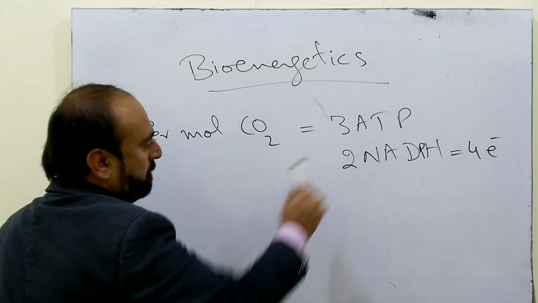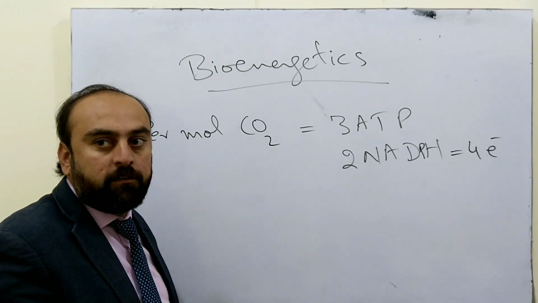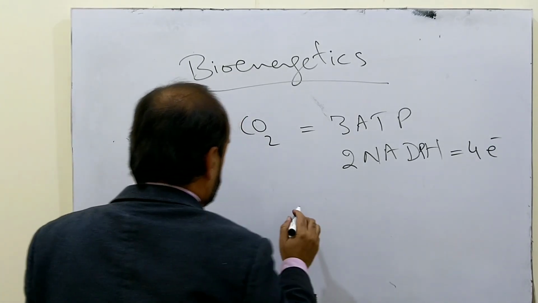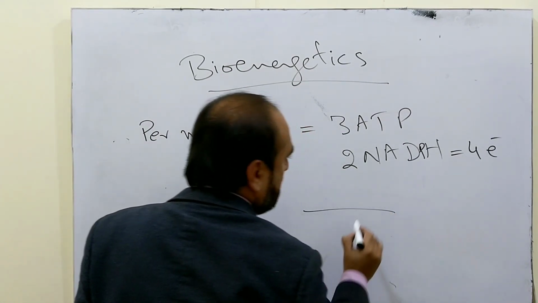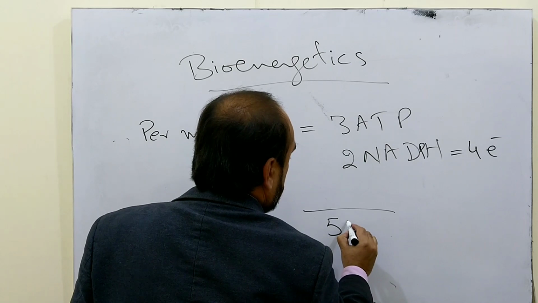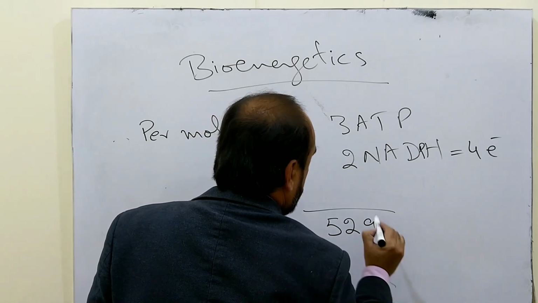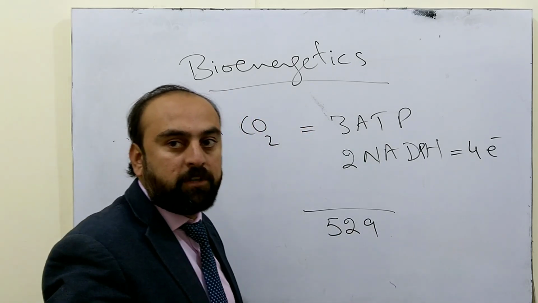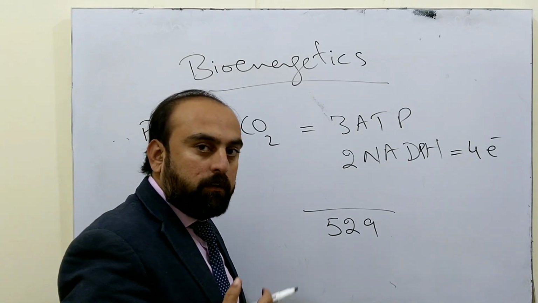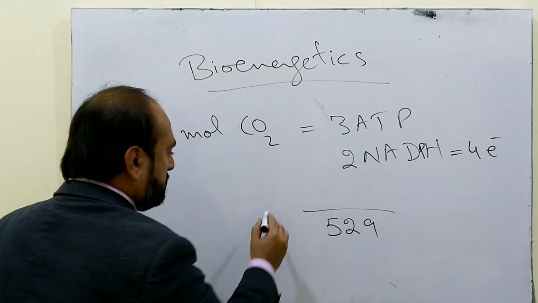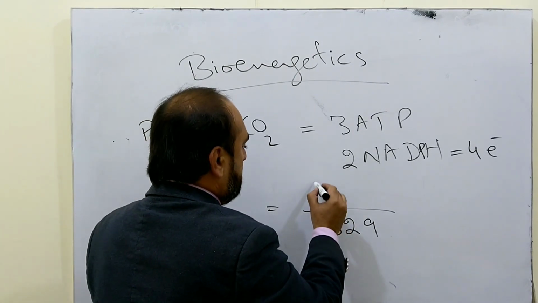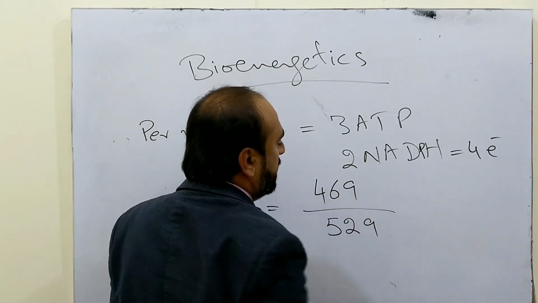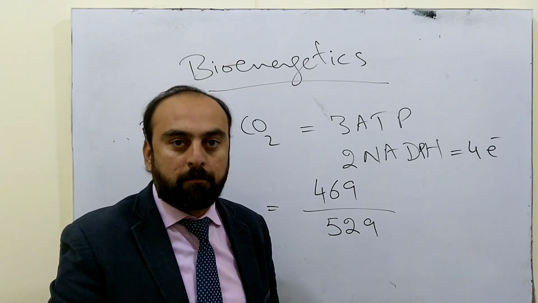And this input, if we talk about energy efficiency, is equal to 529 kilojoule per mole of carbon dioxide, while the output is 469 kilojoule per mole of carbon dioxide.